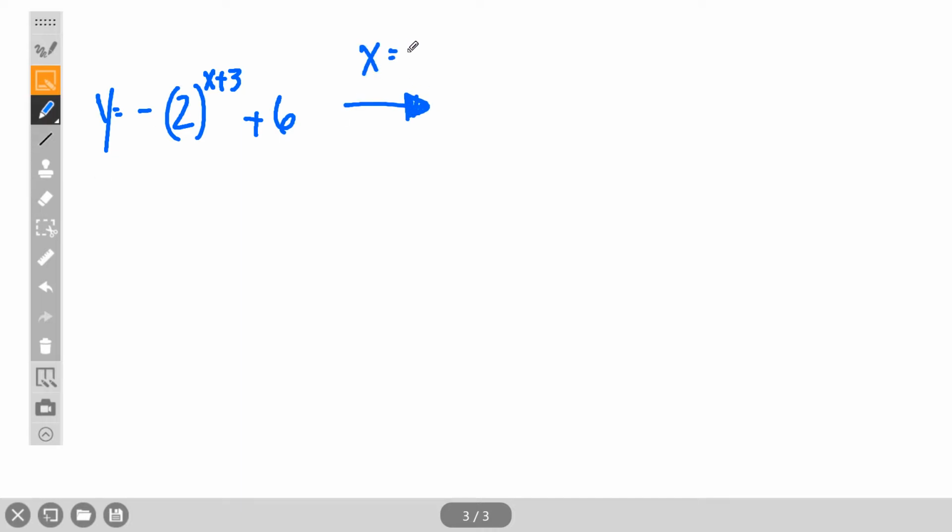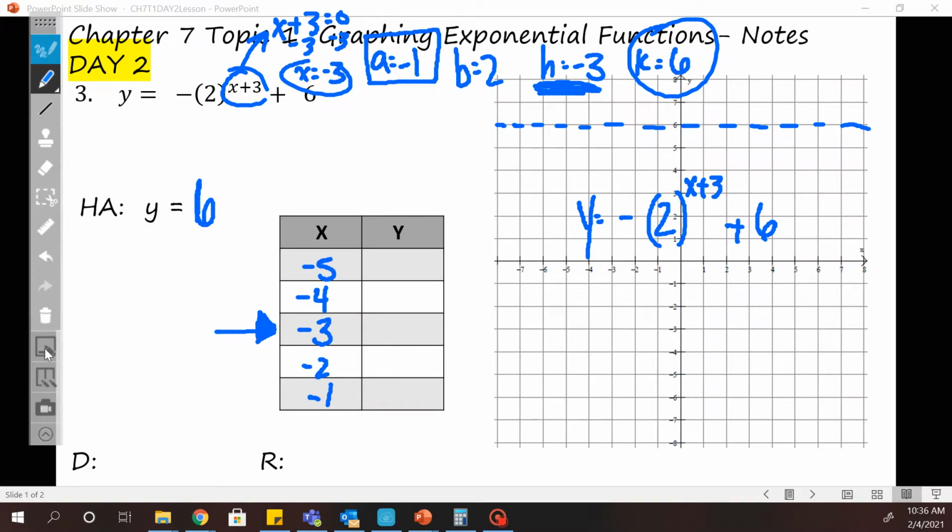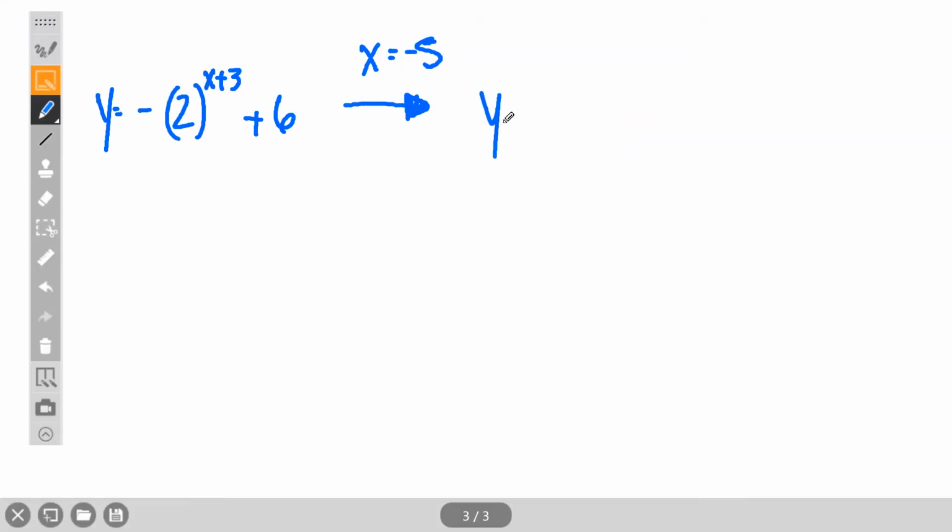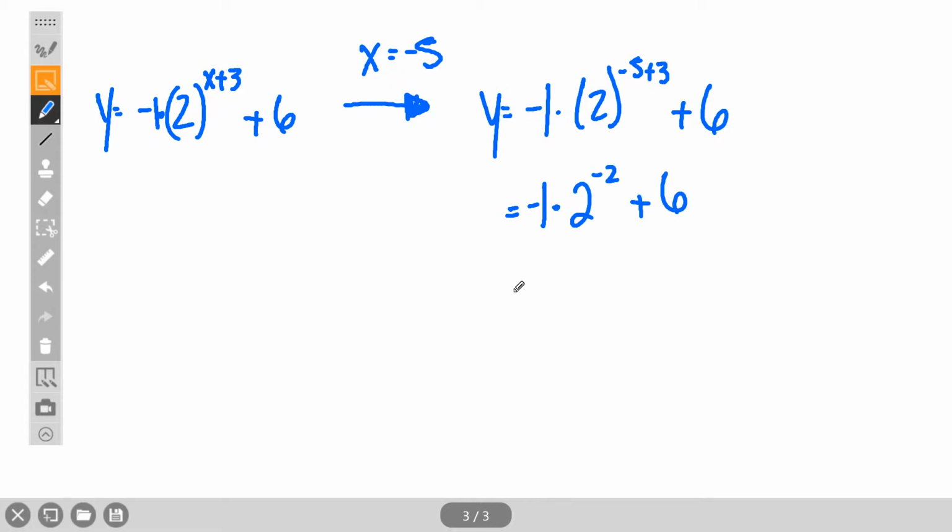So let's start with the first one in our table, -5. Now it might help to put the -1 times here. So y equals -1 times 2 to the -5 plus 3 plus 6. So that's -1 times 2 to the -2 plus 6. We can use a calculator to do this.